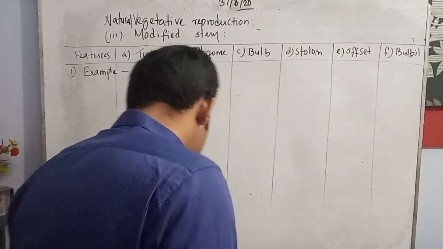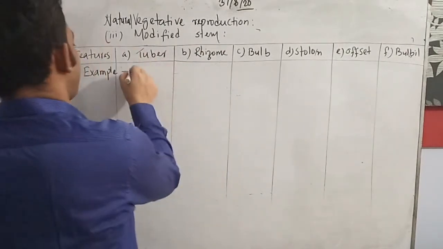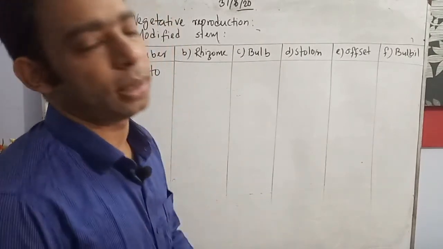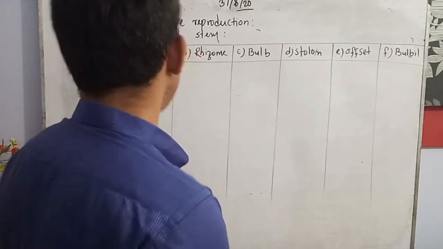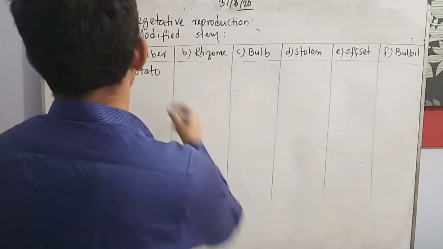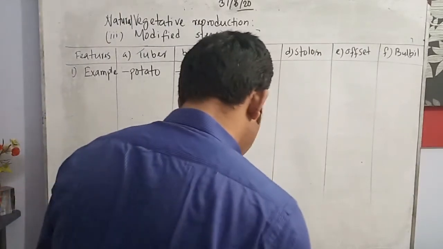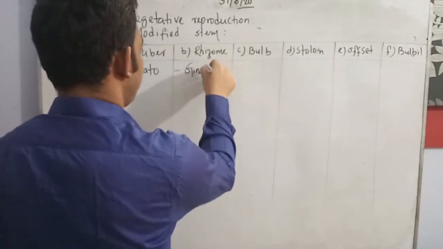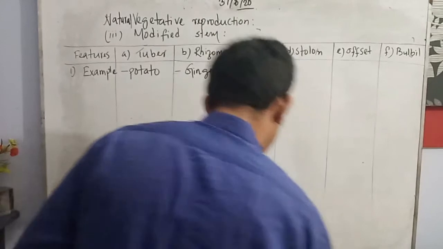So the first one, a very common example is the potato. Where it is growing, what are the special features, we can write by understanding that. Okay, then in case of the rhizome, ginger, very common pulses. Then we have seen the onion, garlic.